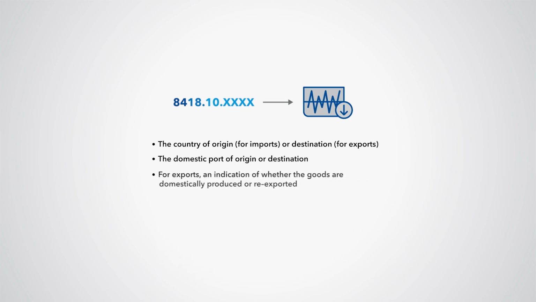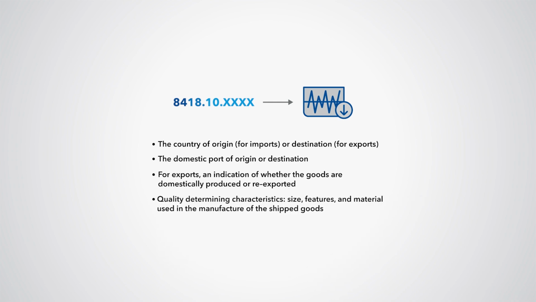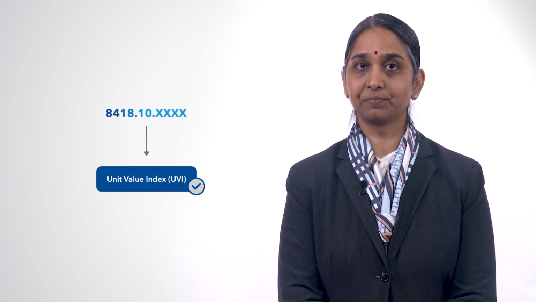For exports, an indication of whether the goods are domestically produced or re-exported, quality determining characteristics such as additional detail about the size, features, and material used in the manufacture of the shipped goods if this data is available. Thus, what may at first appear to be an unreliable UVI may become reliable when further disaggregated.